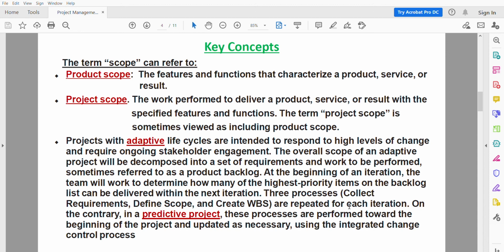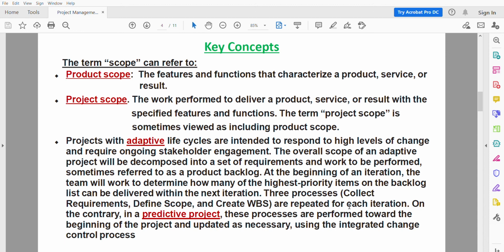This doesn't mean that the predictive ones do not need stakeholder engagement, but the adaptive ones need ongoing stakeholder engagement.